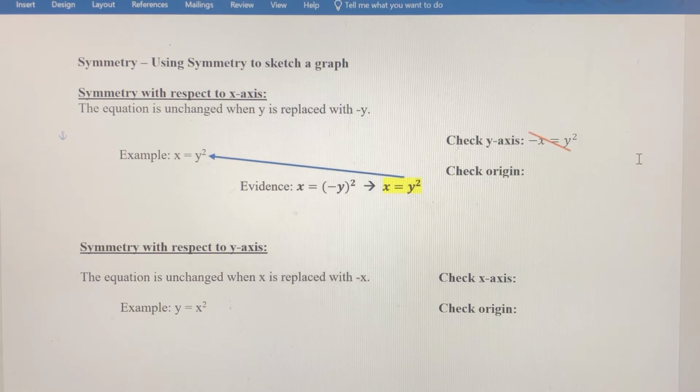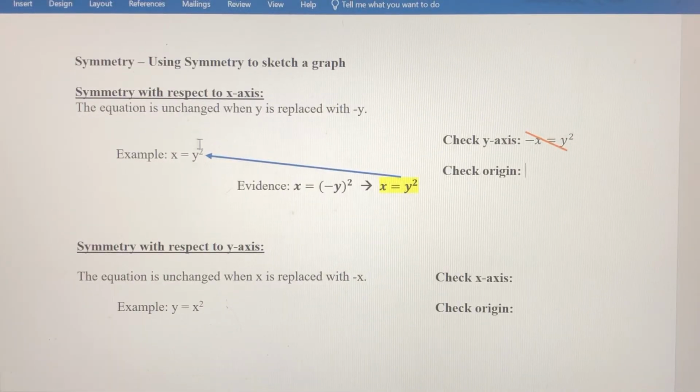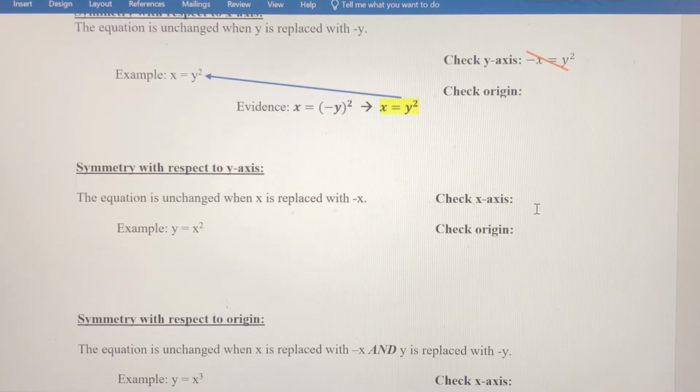This equation doesn't match the original, so it will not have y-axis symmetry. This proves that the equation is not the same as the one we started with. With origin symmetry, we're going to do both: replace x with negative x, and replace y with negative y.